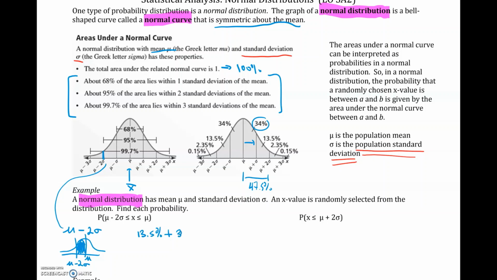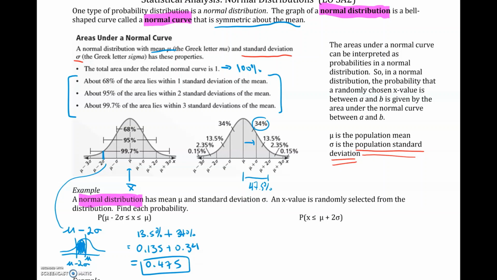So that's going to be plus 34%. We can convert that to decimal values, 0.135 plus 0.34, and that's going to give me a probability of 0.475 or 47.5%. And again, we don't even need to worry about what the mean is or what the standard deviation is. We're just thinking about where it falls in deviations away from the mean.